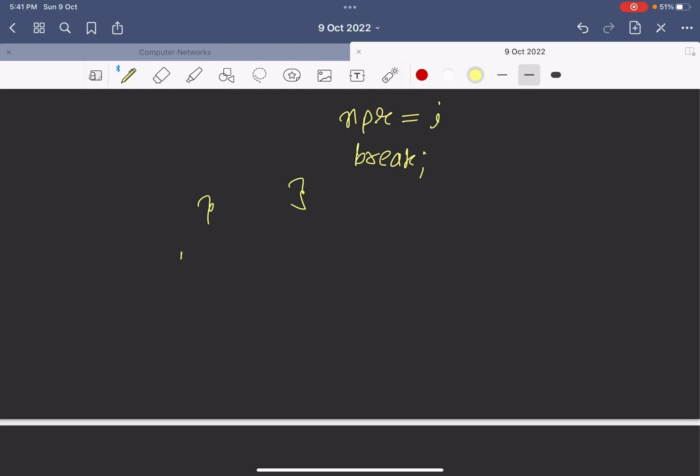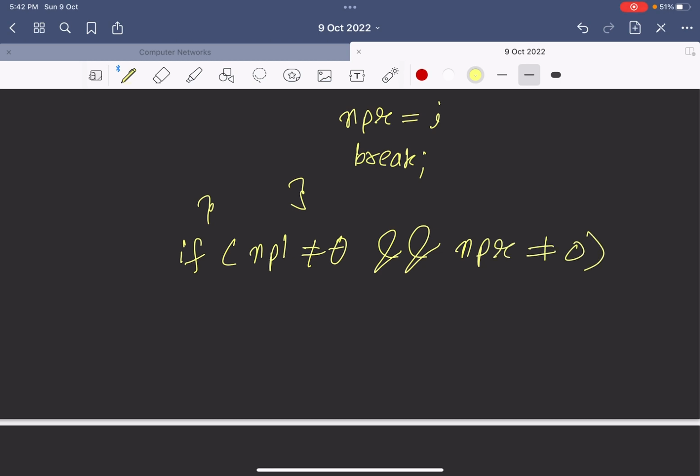So for that I will check if NPL is not equal to 0 and also NPR is not equal to 0. In that case I can return the minimum of n minus NPL and NPR minus n.